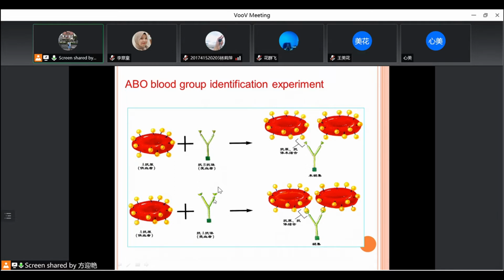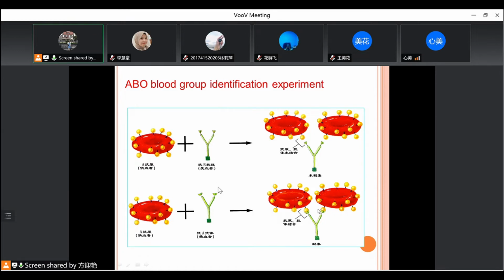So according to the nature of this identification, the same type of antigens and antibodies can cause agglutination. Only the A antigen can bind the anti-A antibody, and the A antigen cannot bind the different type, the anti-B antibody.